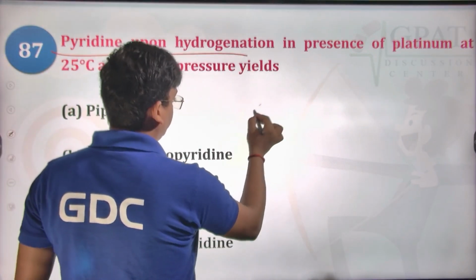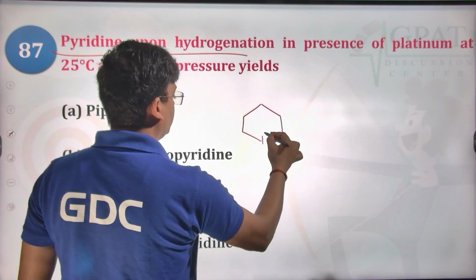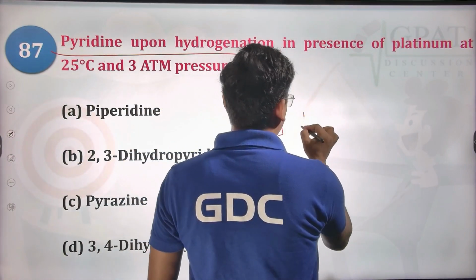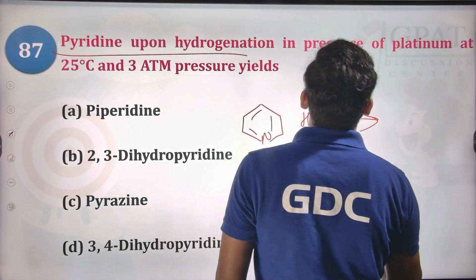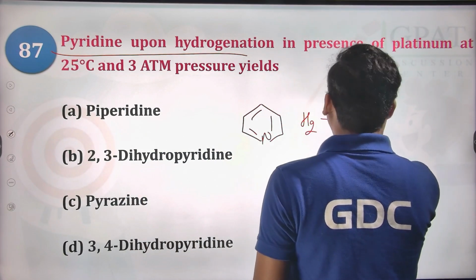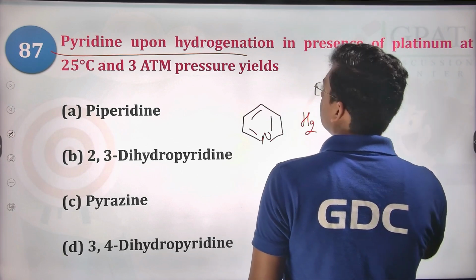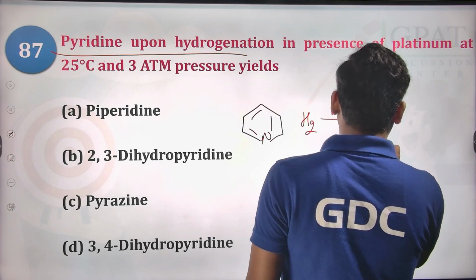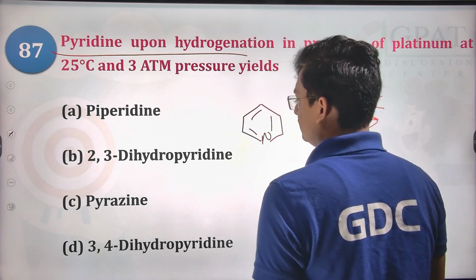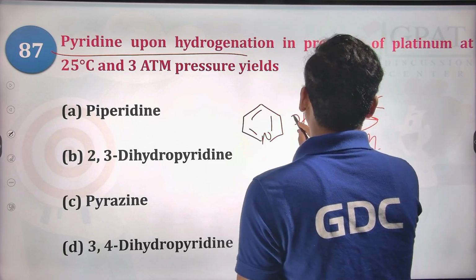Pyridine, we are having pyridine. So this is our pyridine. Upon hydrogenation in presence of platinum, at 25 degrees centigrade and 3 atmospheric pressure, what do we get?